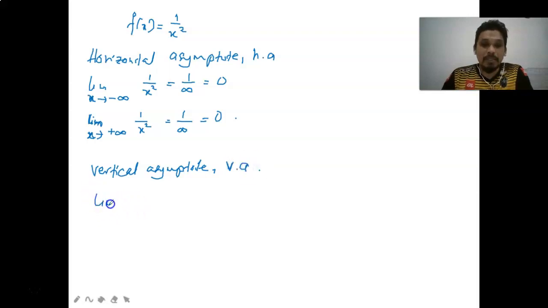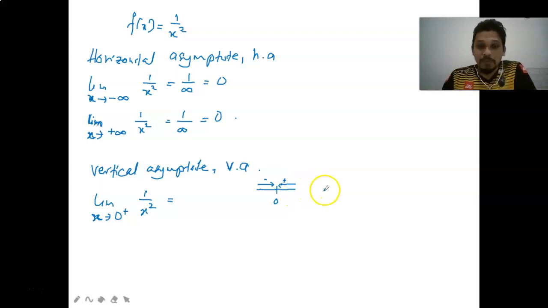Okay, so then the limit of x approaching 0 from the right side of 1 over x squared. So when x approaching 0 from the left, and x approaching 0 from the right, from 3 to 1, 0.5, 0.2, 0.1, 0.01, 0.001.